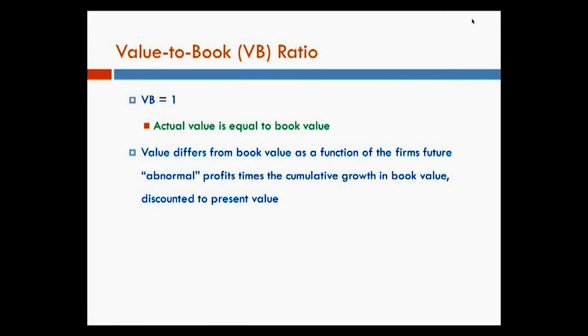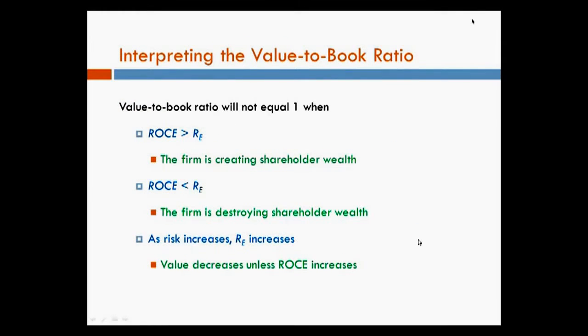So if it's equal to 1, then your value is equal to your book value. And as I said, the value differs from book value based upon your ability to create value through your operations. This just says you create value if your return on shareholder equity is greater than your required rate of return. You remove value if it's less than it.